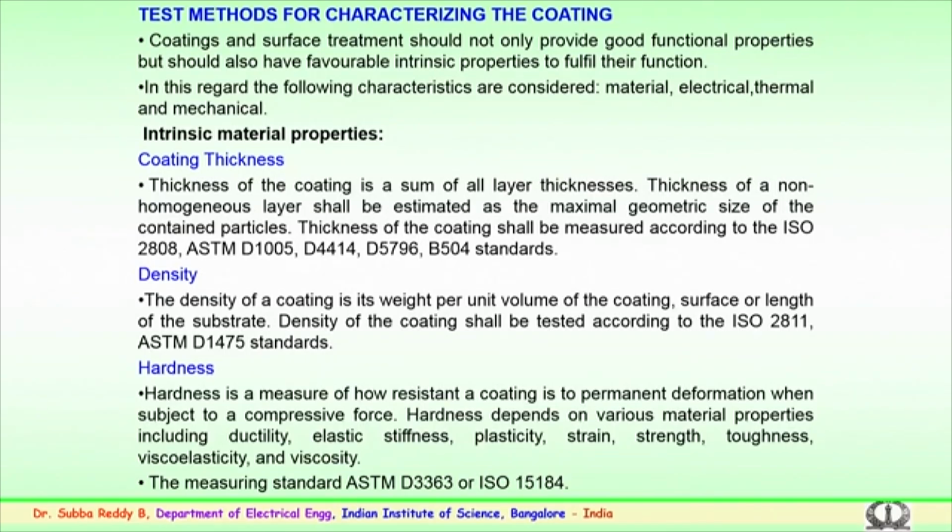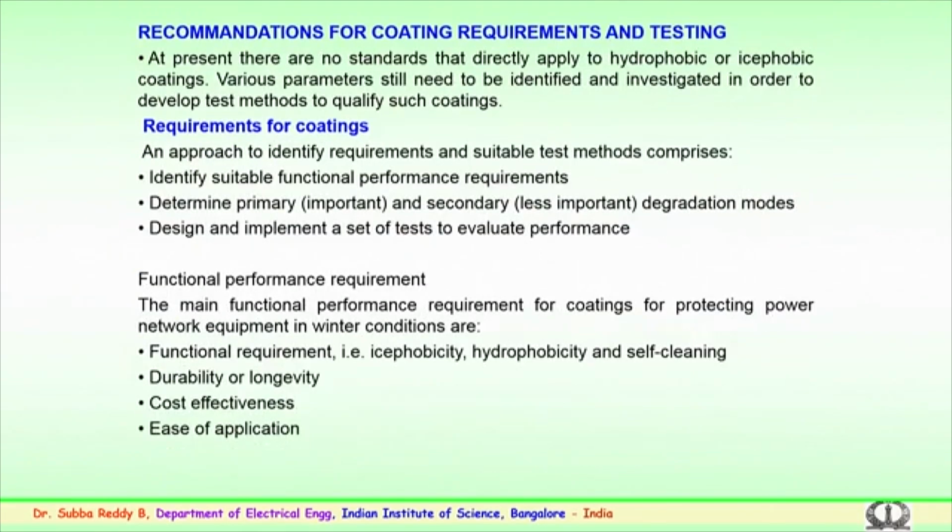The material properties being employed, that is the thickness, density and hardness, play a role in characterizing the coatings. What are the recommendations for the coatings, and the requirements and testing, is also an important task. At present there are no prescribed standards that directly apply to hydrophobic or isophobic coatings.